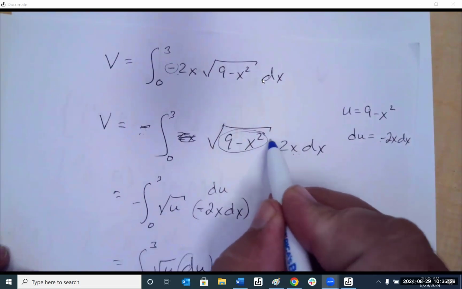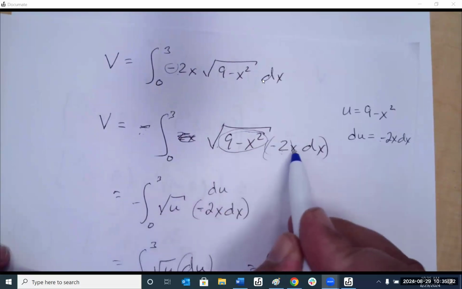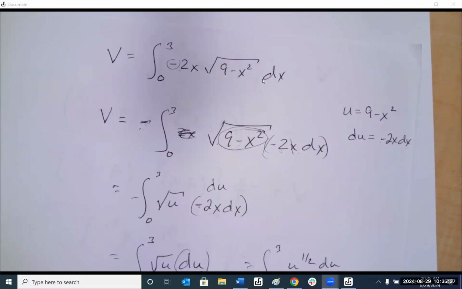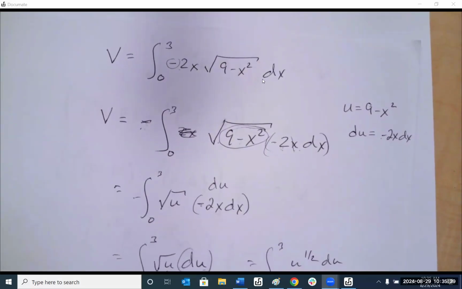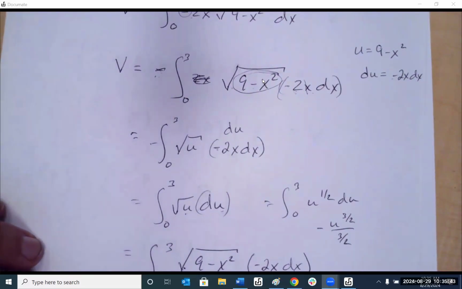So now we have our radical u du. It has to be set up that way because it's the chain rule. You can't go any further because the integral and derivatives both have to exist.